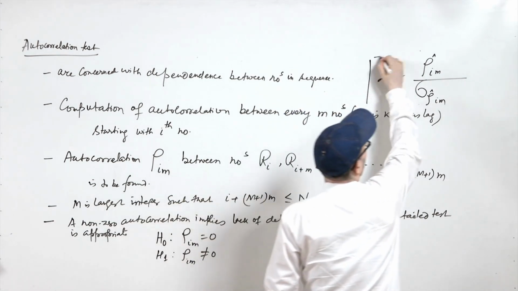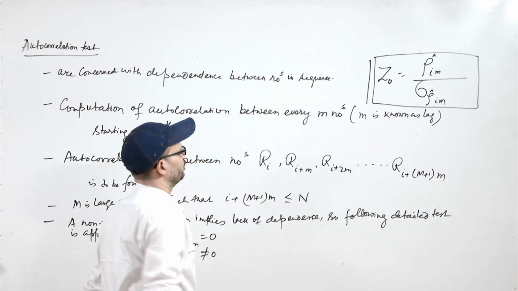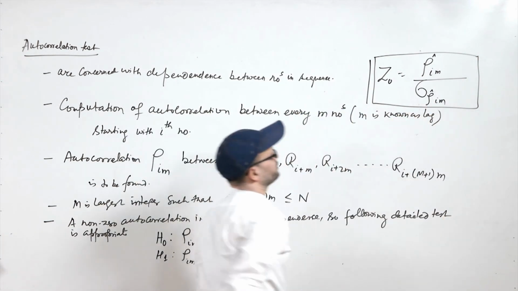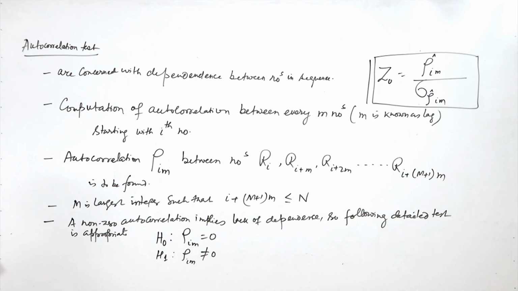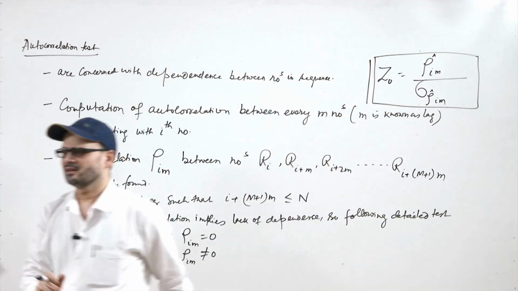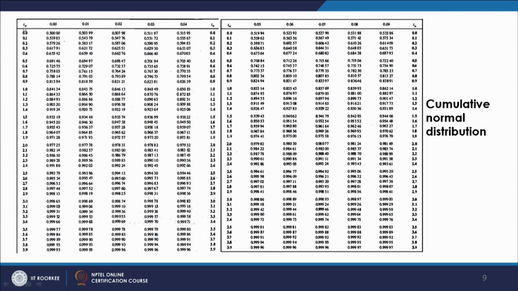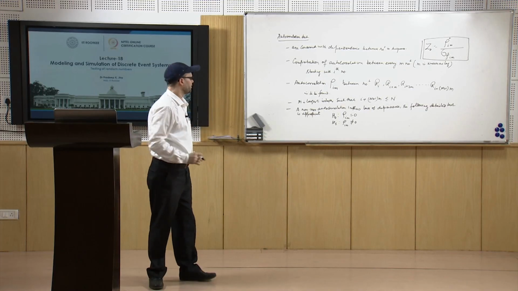Based on that, you compare it with the Z naught from the table, which is given for a particular alpha, and once you know that, you have to compare from there.